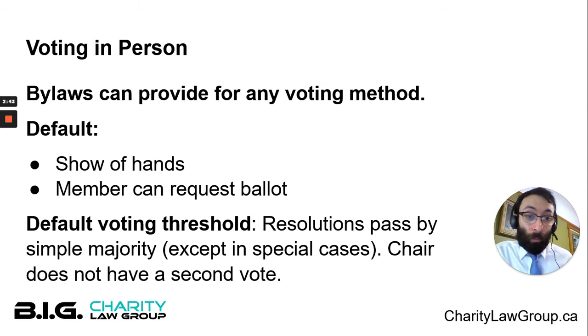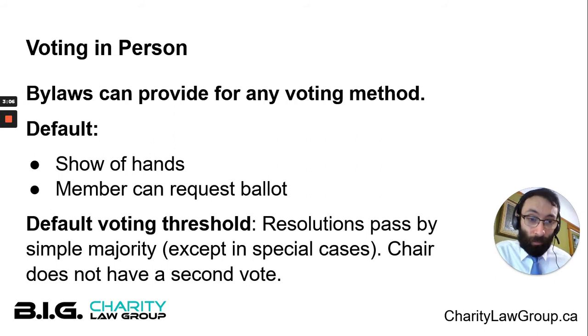The default voting threshold, so how many votes you actually need for a resolution or a motion to pass: for standard resolutions, the minimum is 50% plus one. Certain extraordinary or special resolutions may require 2/3 or 80% or even sometimes a unanimous resolution.